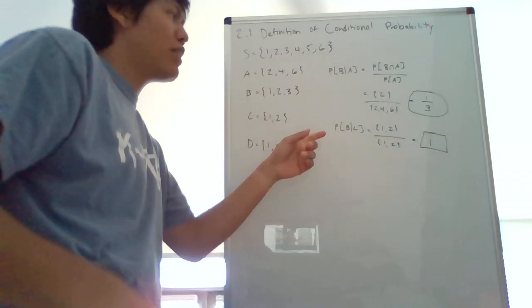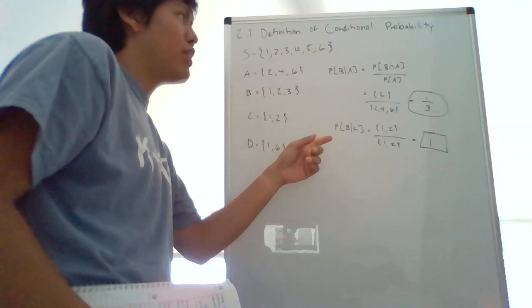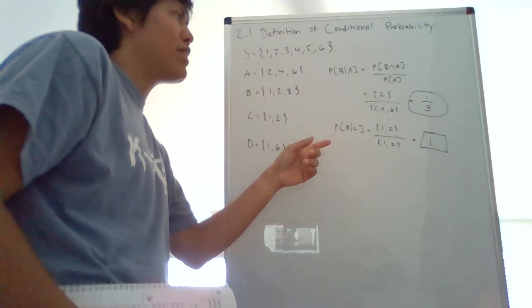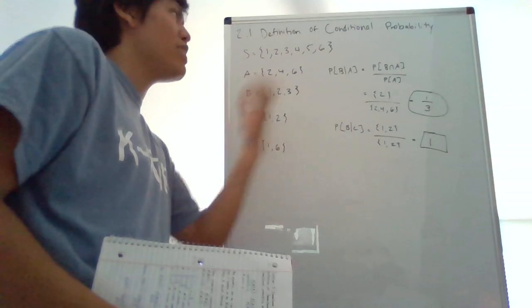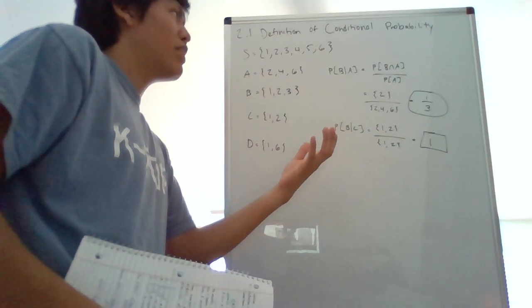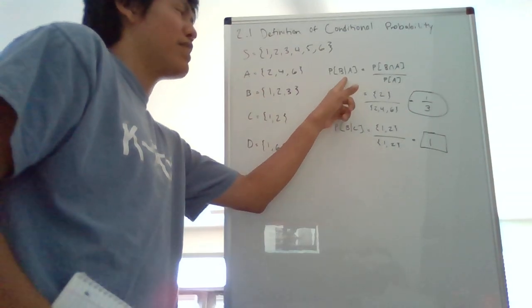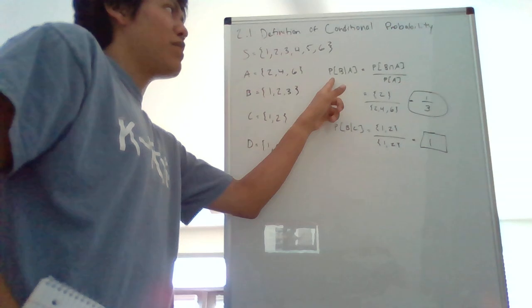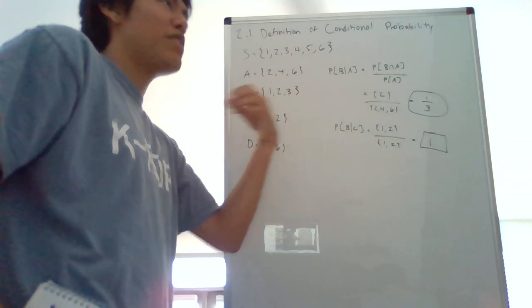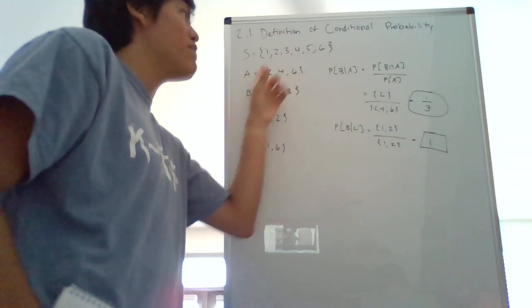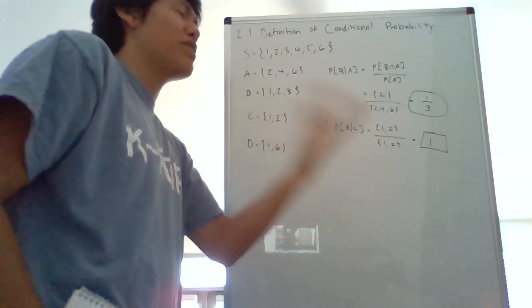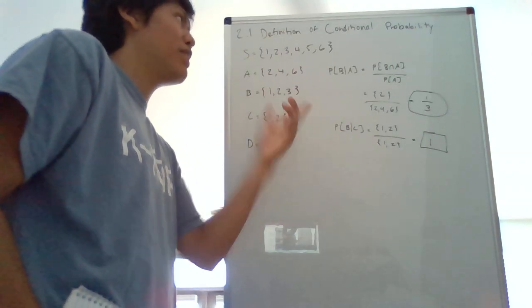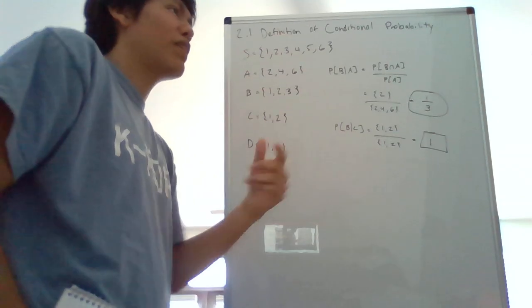If we tossed, this is like saying, let's say we tossed an even number. I'll use this as an example. So B given A. So let's say we tossed an even number, so that's A. So we tossed a die and we landed on either one of these.